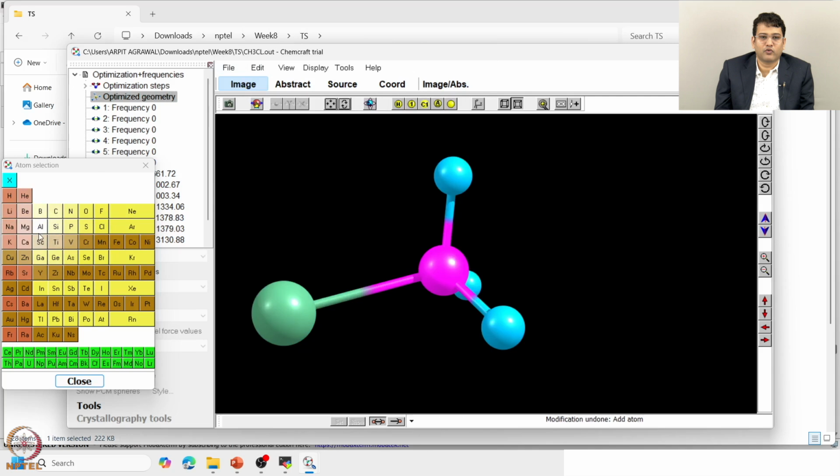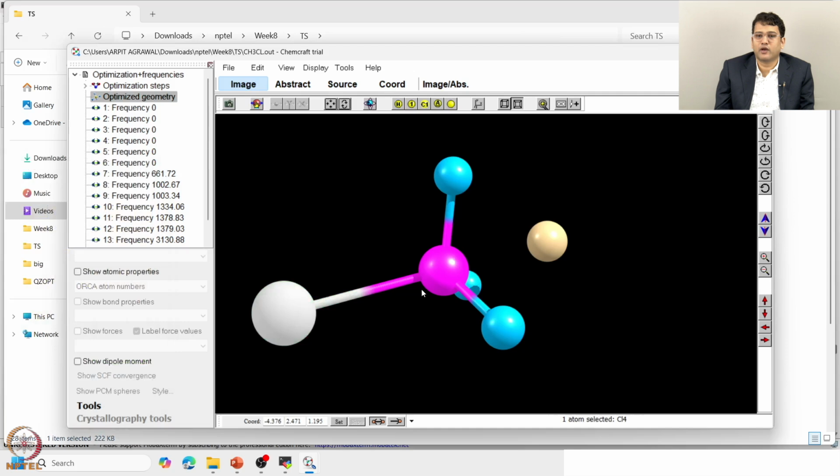I want to put a fluorine atom here. Now, to make sure that they are aligned, I should make sure the angle is 180 degrees. It is currently 166. Let us make it 180 degrees.